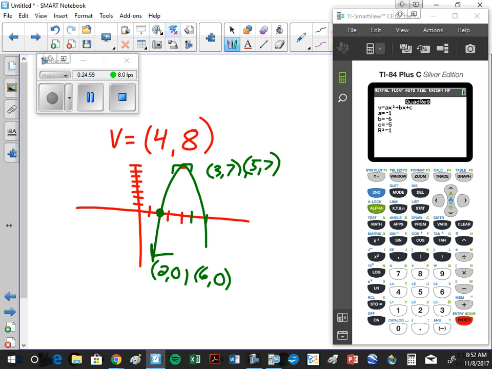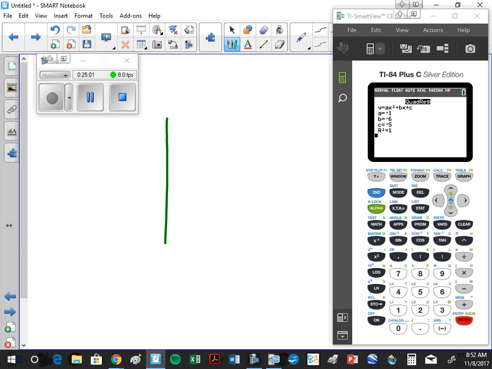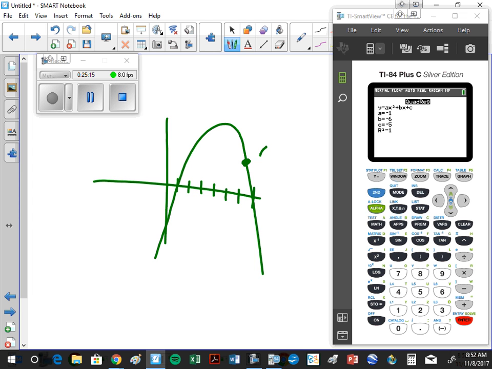Okay? All right. What if it drew a graph and the graph looked like this, and this point right here is 6 comma 5.